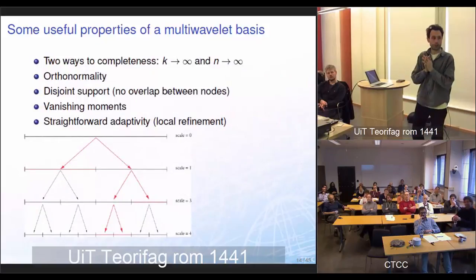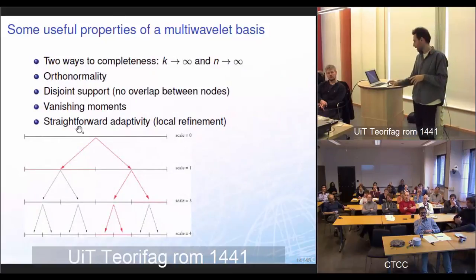Again, this disjoint support is also a very important property because that tells you that if you want to represent a function, let's say on the right side here, you don't need to bother about what happens on the left side. Which means that, okay, if this representation is good enough on the left side, I can stop. If it's not good enough on the right side, then I can continue.